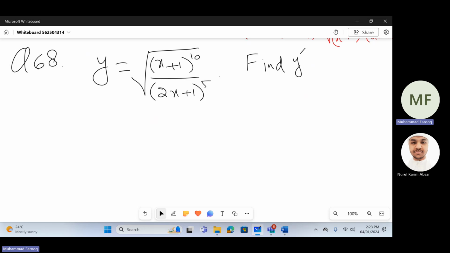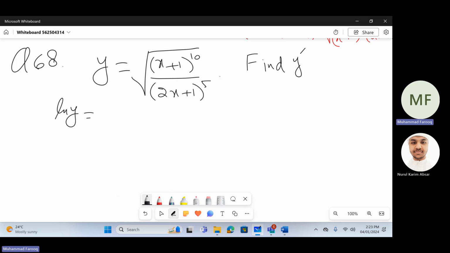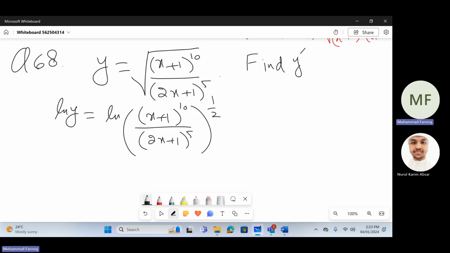Very nice. Okay, as I told you, you can apply both ways. After implementing on both sides, in my opinion, it's better to distribute the power because this half power is on the entire function.